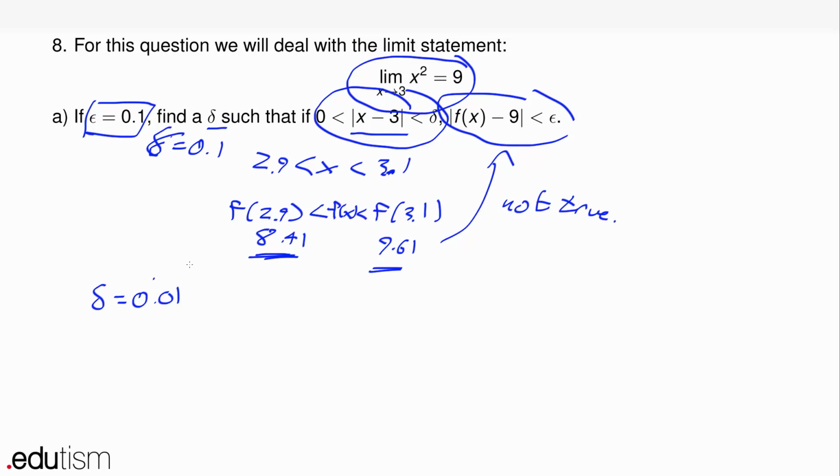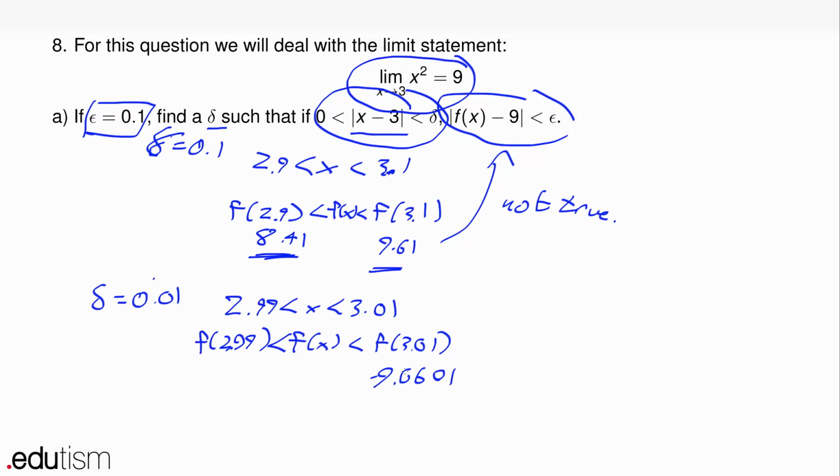In that case, x is going to be within 0.01 of 3. So x is going to be between 2.99 and 3.01, which means f of x is going to be between f of 3.01 and f of 2.99. f of 3.01 is 9.0601. f of 2.99 is 8.9401.